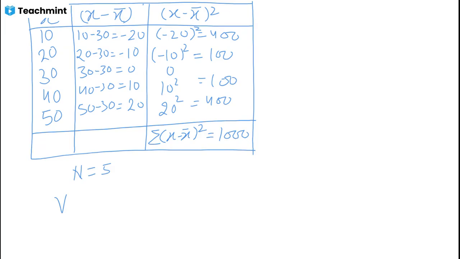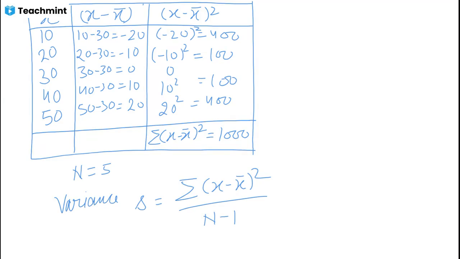So find variance. Variance s square is equal to summation (x minus x bar) square over n minus 1. So now let us put in the values.